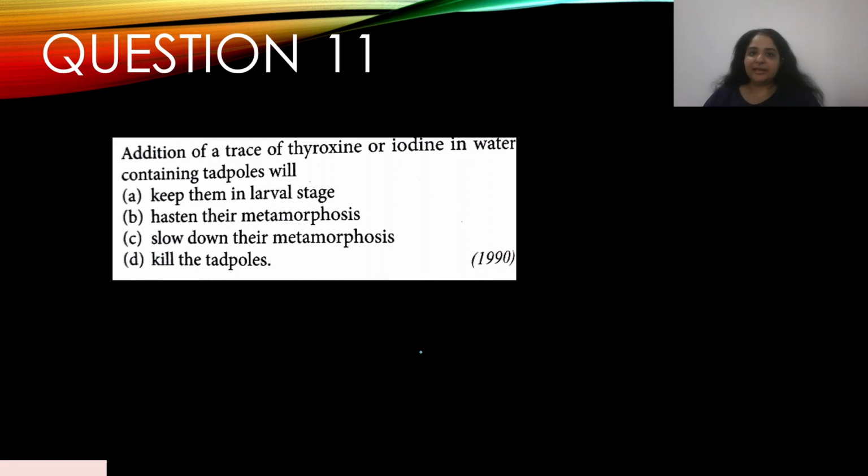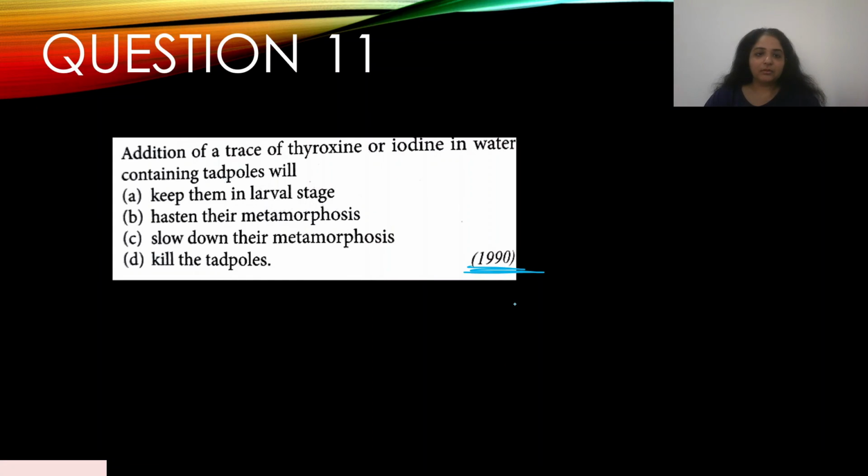Question number 11. Addition of a trace of thyroxine or iodine in water containing tadpoles will, this appeared in 1990: A. keep them in larval stage, B. hasten their metamorphosis, C. slow down their metamorphosis, and D. kill the tadpoles. So tadpoles we know is the larval stage of the frog. They eventually then develop into adult form.